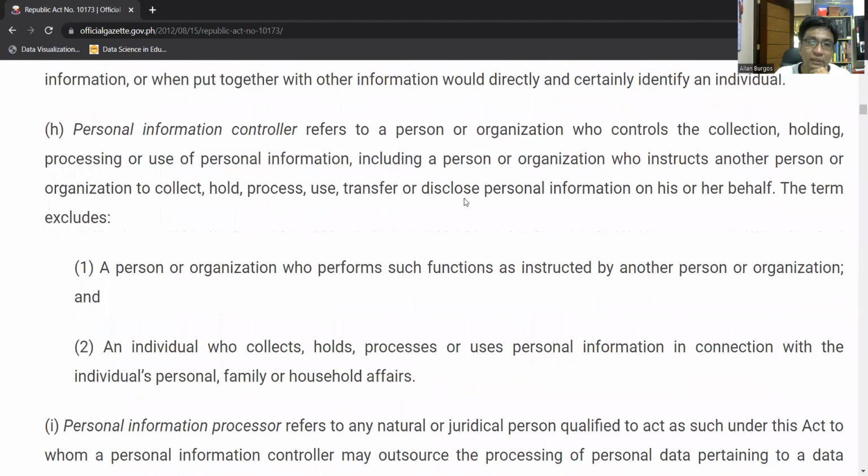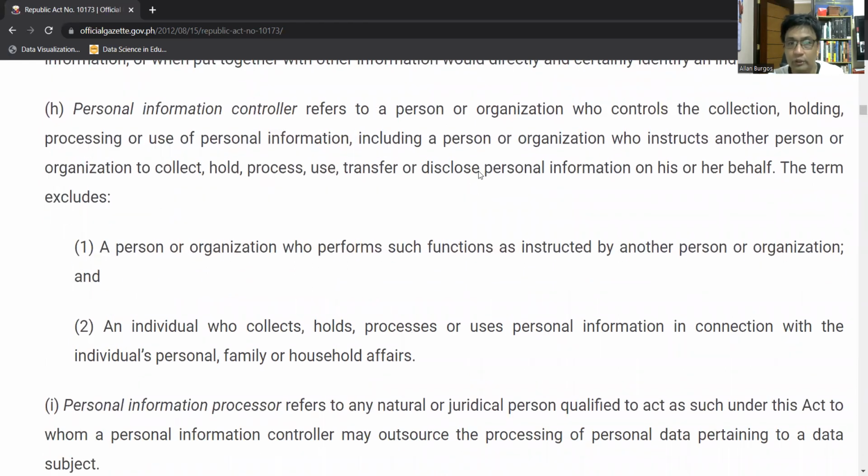Letter H, personal information controller refers to a person or organization who controls the collection, holding, processing, or use of personal information, including a person or organization who instructs another person or organization to collect, hold, process, use, transfer, or disclose personal information on his or her behalf.